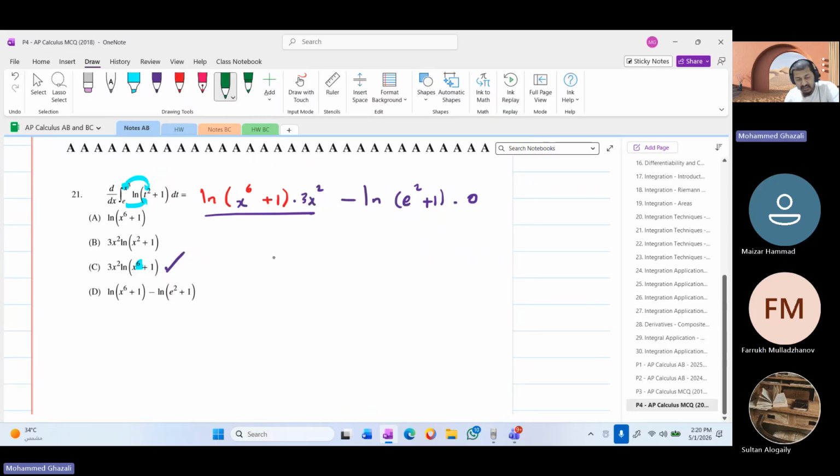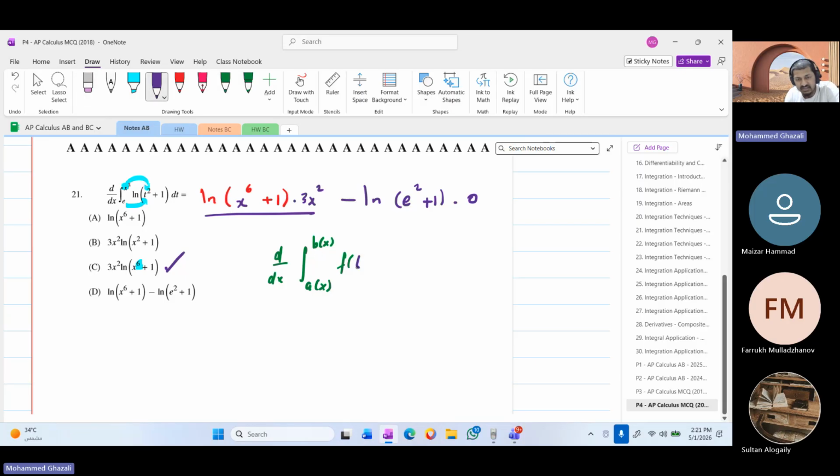So basically, that's your general rule. For example, d/dx of the integral from a(x) to b(x) of f(t) dt. It won't be f of x now because these are x values.